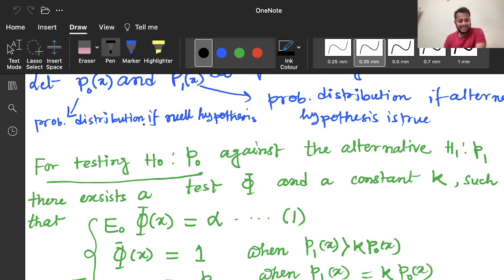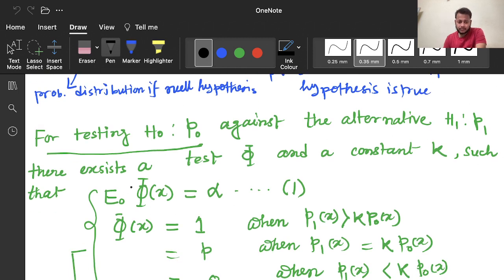The NP lemma tells us, suppose there is a null hypothesis H0 against an alternative hypothesis H1, there always exists a test phi and a constant k such that the expectation of the test will be alpha, and we will reject the null hypothesis with probability 1 when p1(x) is greater than k p0(x), and will reject the null hypothesis with probability p when p1(x) equals k p0(x), and we will accept the null hypothesis when p1(x) is less than k p0(x).